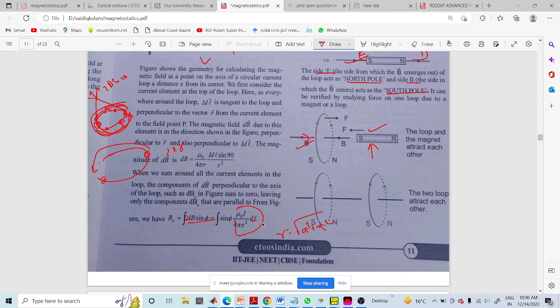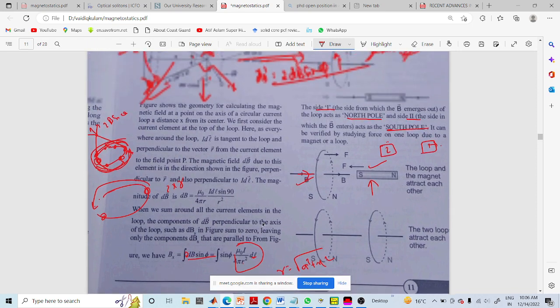In the previous classes, when we discussed the interaction between two magnets, the second magnet applies force on the first and the first applies force on the second. It may be attractive or repulsive. The same thing is there.